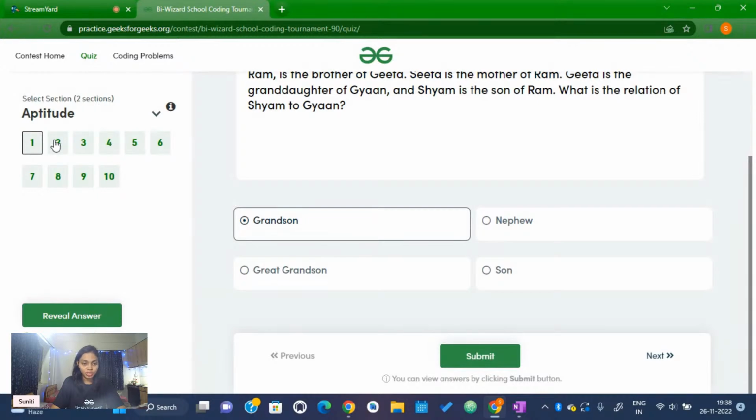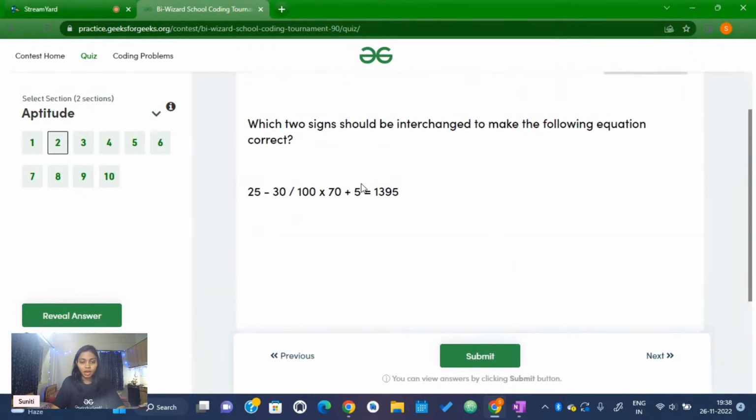Let us move to the next question: which two signs should be interchanged to make the following equation correct? Obviously we are going to use BODMAS here.